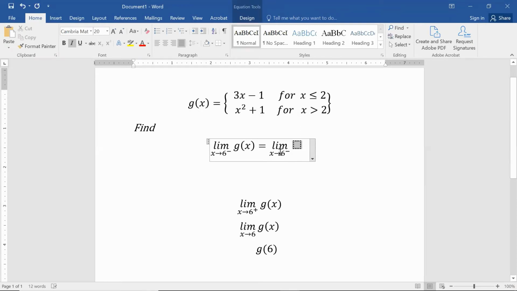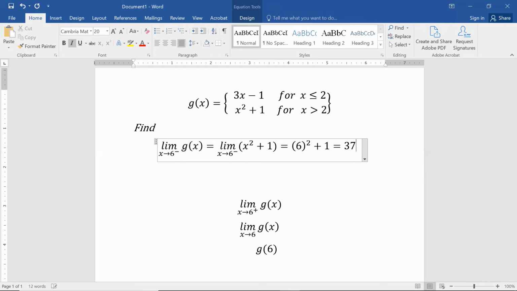And when I say really close, I mean really, really close to 6. So all of our x's are still going to be above 2 when you think about plugging in numbers that are really, really close to 6. So since I'm plugging in numbers that are above 2, I'm just using the expression x squared plus 1. And we're plugging in numbers really, really close to 6.